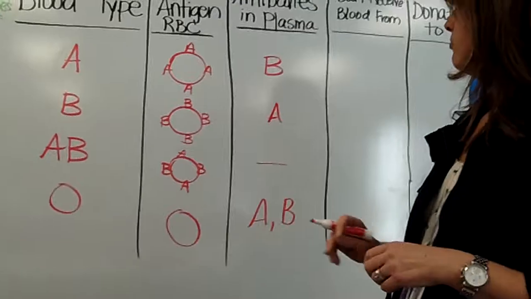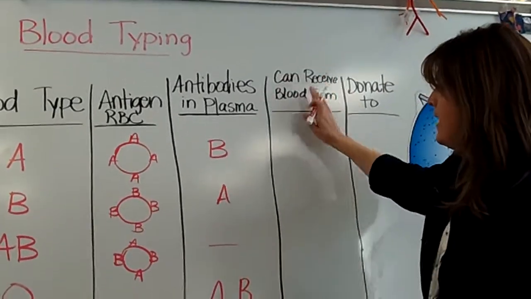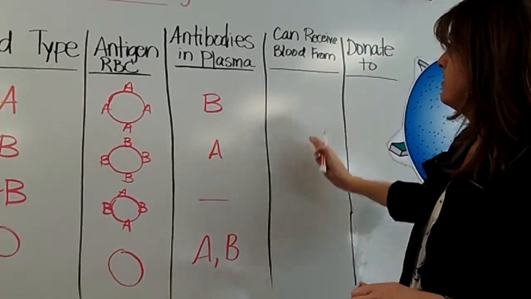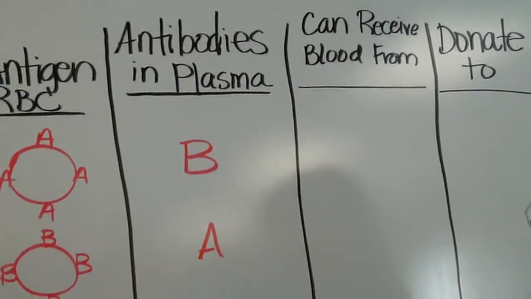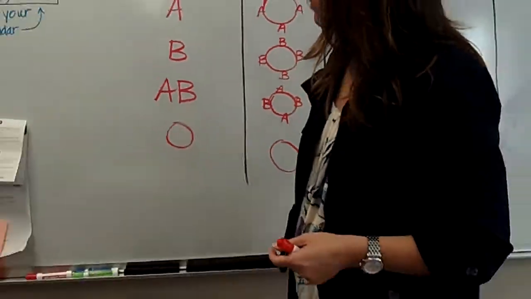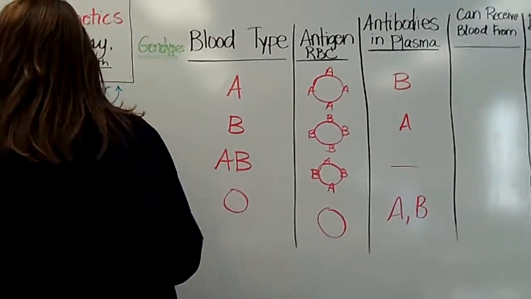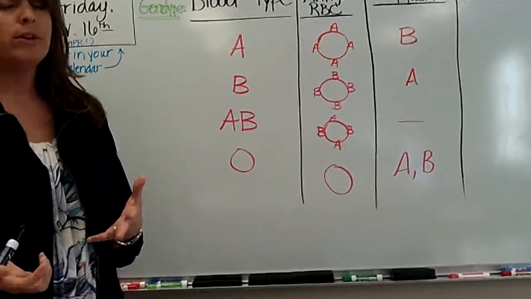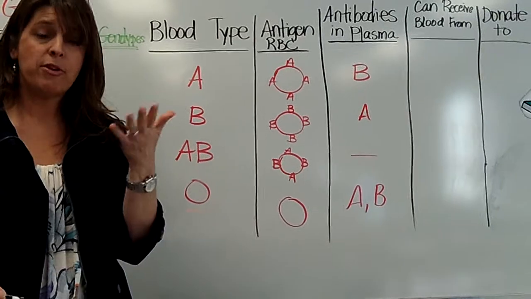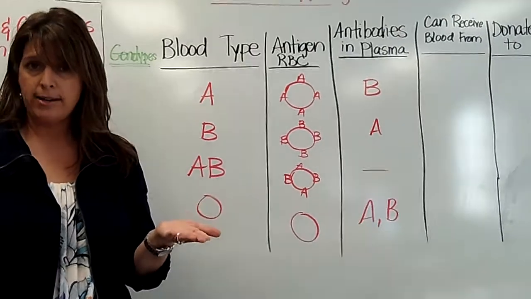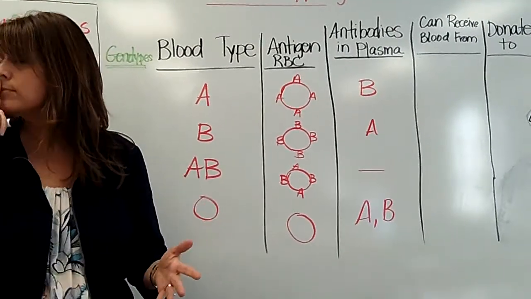Okay? Now, we're going to wait on this part right here, this section where you can receive blood from and donate to. We're going to wait on that and come back to it, because I want to go back over here and fill out the genotypes, because as you all know, you get half of your alleles for genes from your mom, and you get half from dad, and they have blood types.